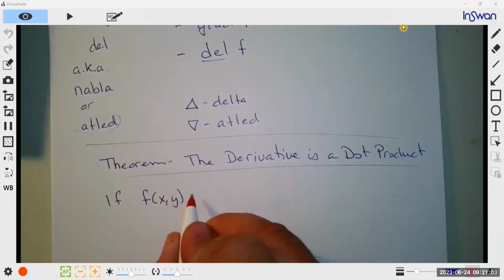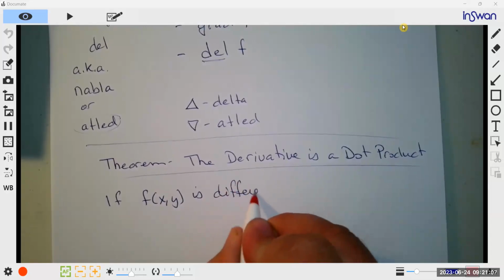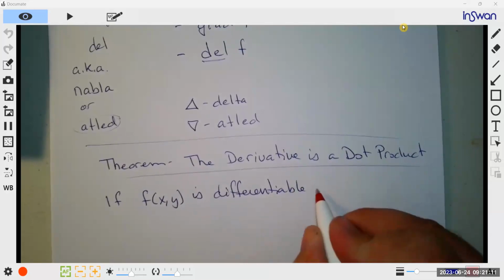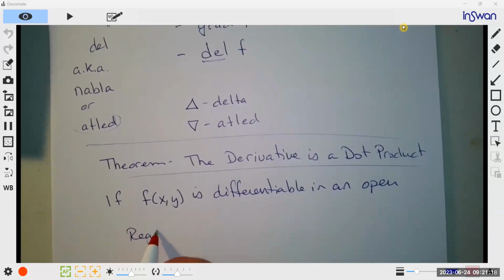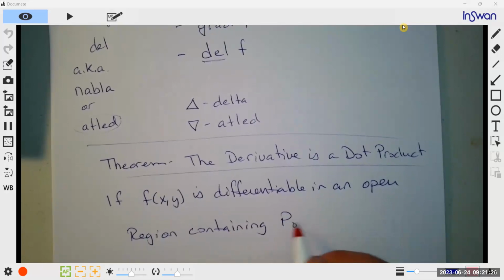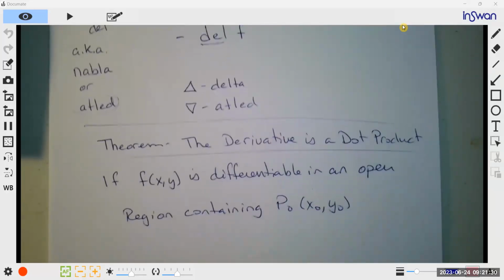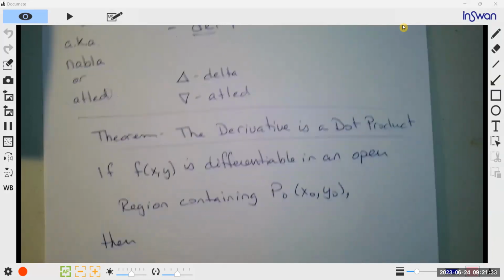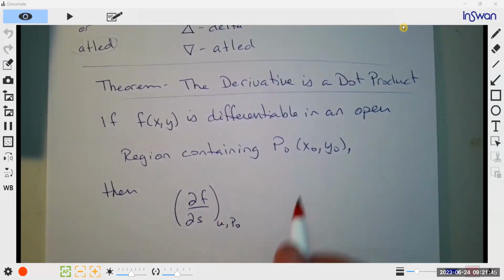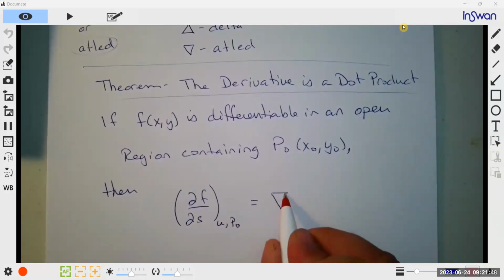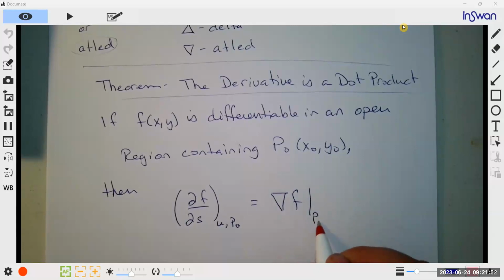If f of x, y is differentiable in an open region that contains p sub 0, then the derivative of f with respect to s at p sub 0 is equal to the dot product of del f at p sub 0 dot the unit vector u.